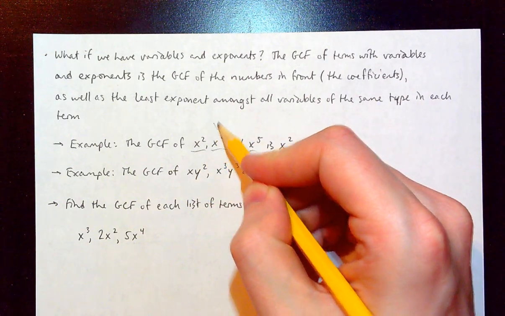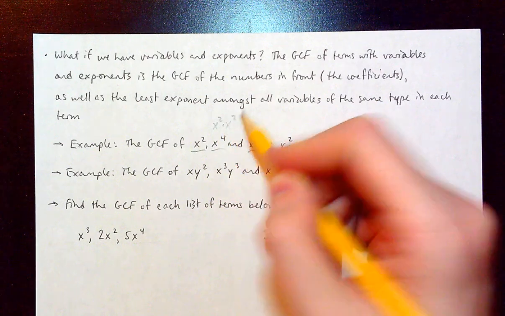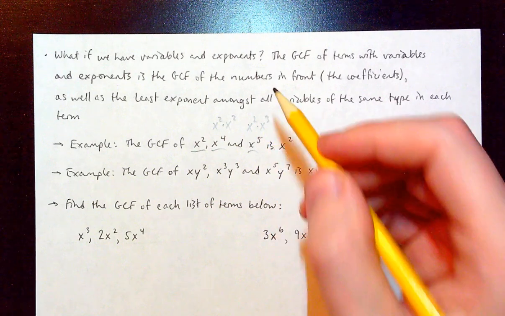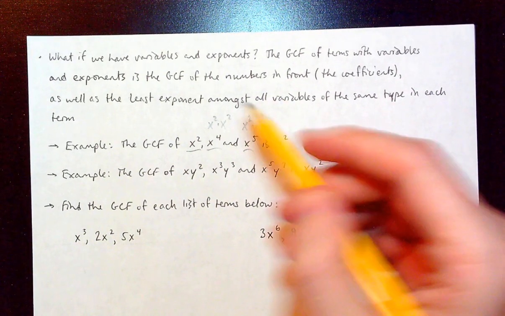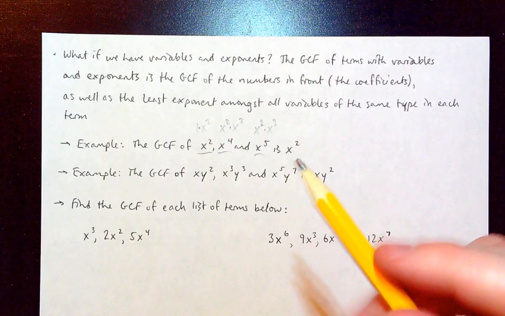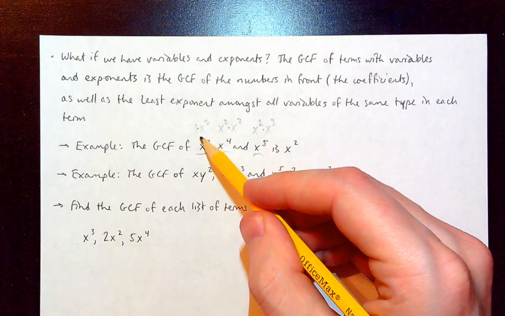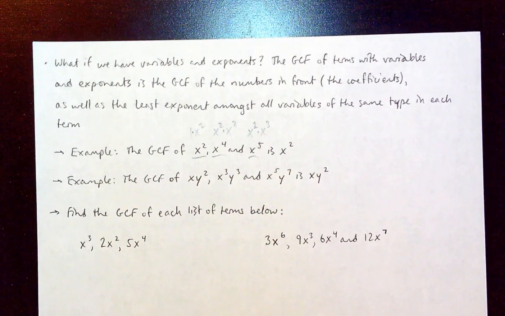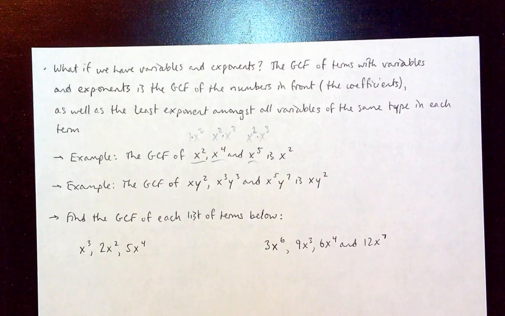I can write x to the fourth as x squared times x squared, and I can write x to the fifth as x squared times x cubed. So these are common factors. So x squared is the greatest common factor between these three things. And x squared is obviously 1 times x squared.